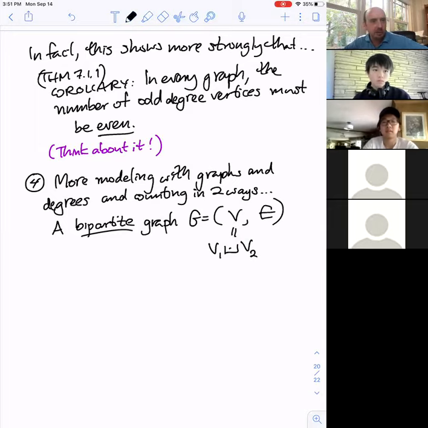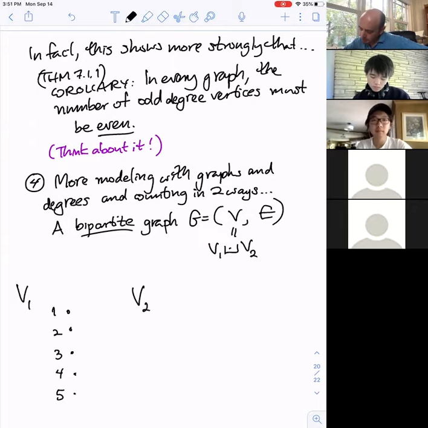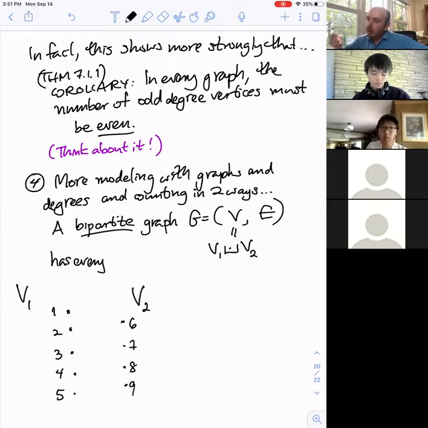In fact, I haven't finished what the definition of bipartite graph is, but let me draw these bipartite sets in my example. On one side, I'm going to have V1 is 1, 2, 3, 4, 5, these vertices. And V2 on the other side is 6, 7, 8, and 9. Okay, so there's 9 vertices in my vertex set, 1 through 9. And what makes the graph bipartite is that it has every edge going between somebody in V1 to somebody in V2.